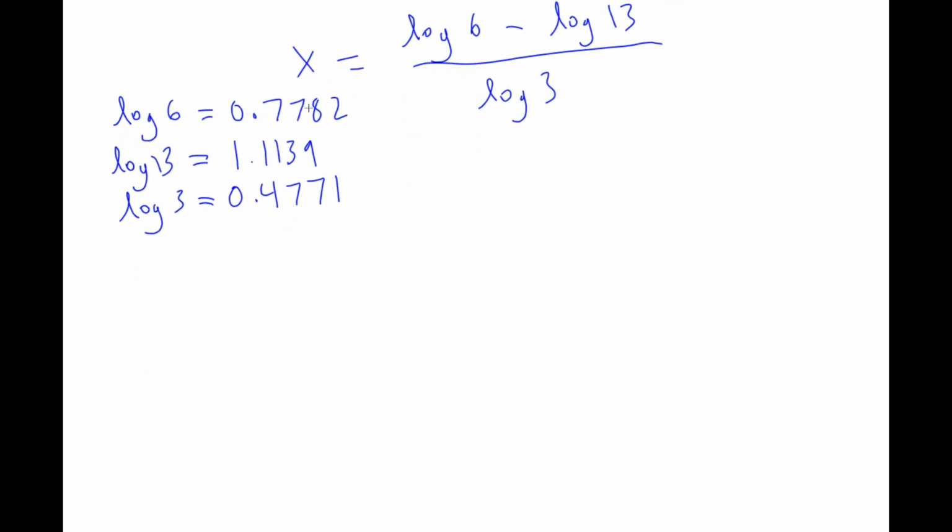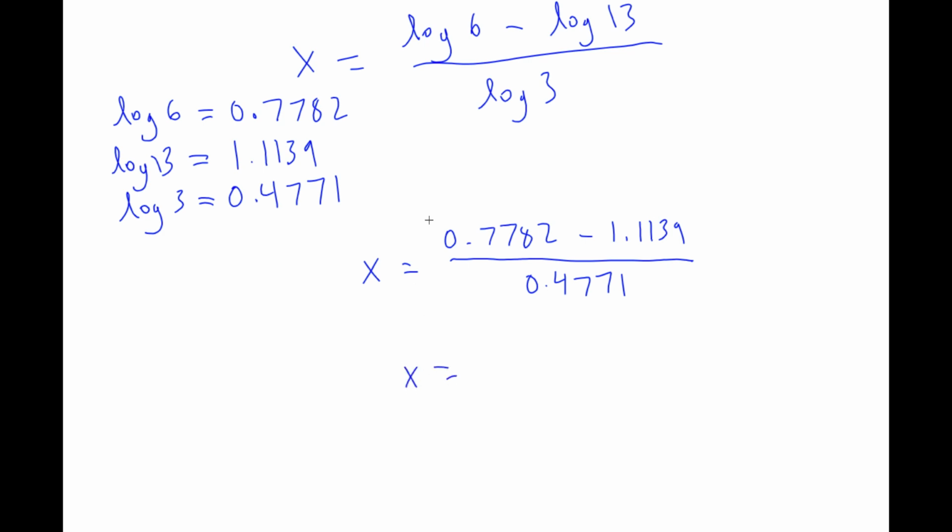So now if I plug these values into our equation here, we get x is equal to 0.7782 minus 1.1139 divided by 0.4771.